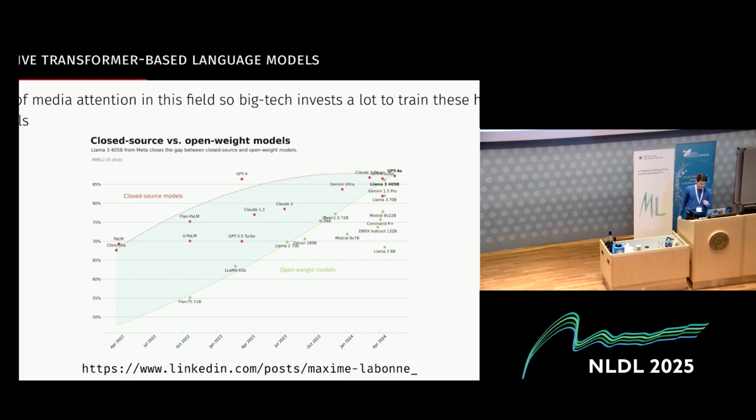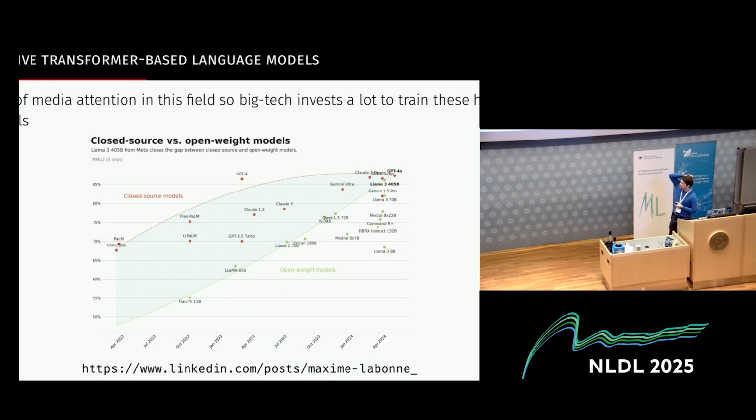But there are these red dots, which dominate at the beginning, and these are the closed source language models. These are language models like ChatGPT or Claude, which are sort of hidden behind a wall. You don't have access to the weights of these models. If you're lucky, you have access to the API, and you can infer from these models, usually for some kind of payment.